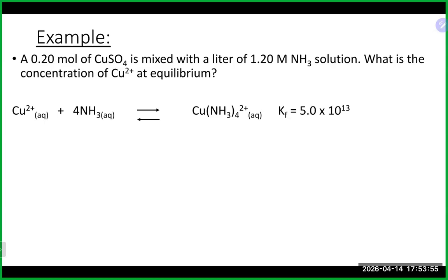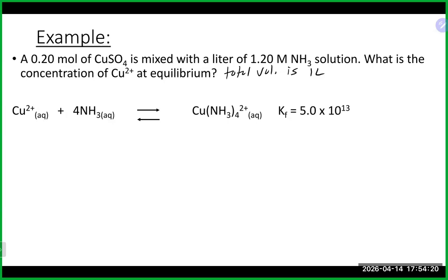We want to know the concentration of free copper 2 at equilibrium, and obviously we have our Kf value given to us. For this problem, we're going to assume the total volume stays at 1 liter.